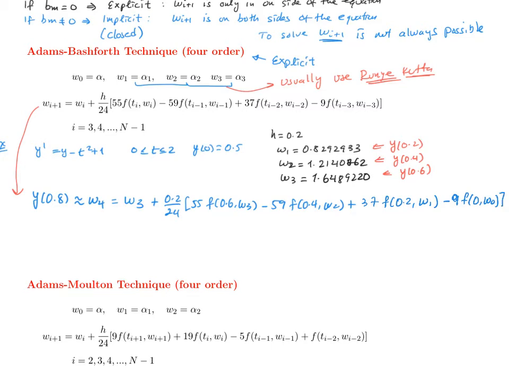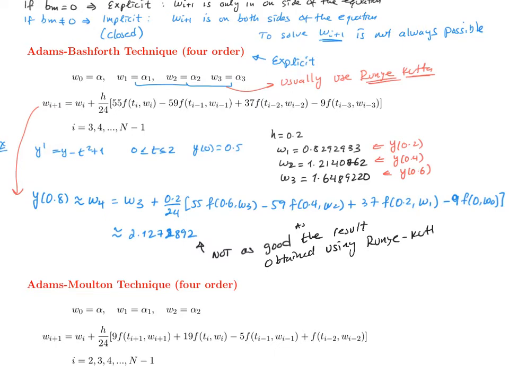Once you plug in all the values and simplify, this is around 2.127 something, which actually is not as good for this particular example as the result obtained using Runge-Kutta of order 4.